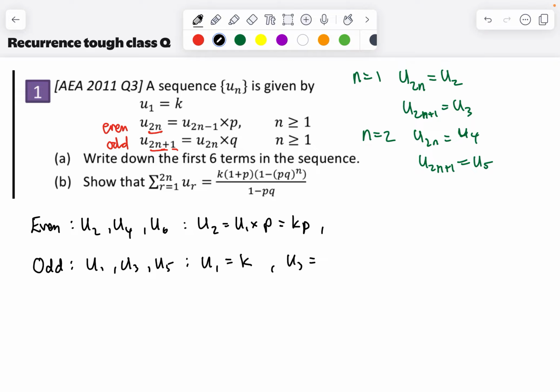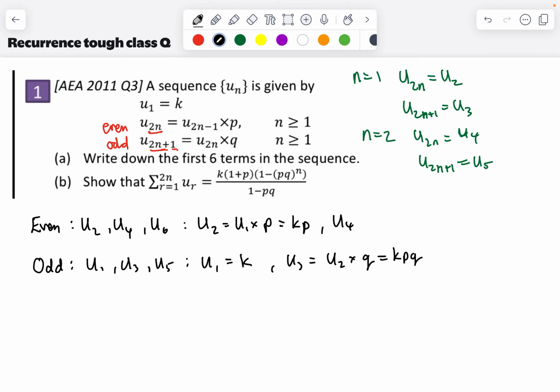Remember, if 2n plus 1 is 3, then 2n is 2. So I've got u2 times q, and u2, as we just wrote, is kp. So this would be kpq.